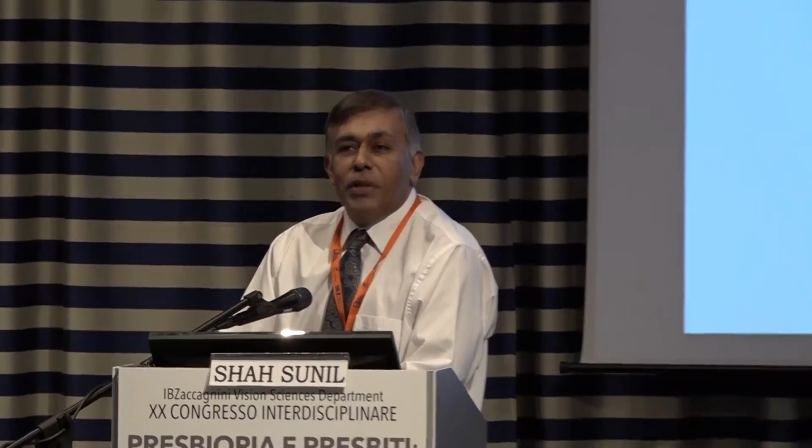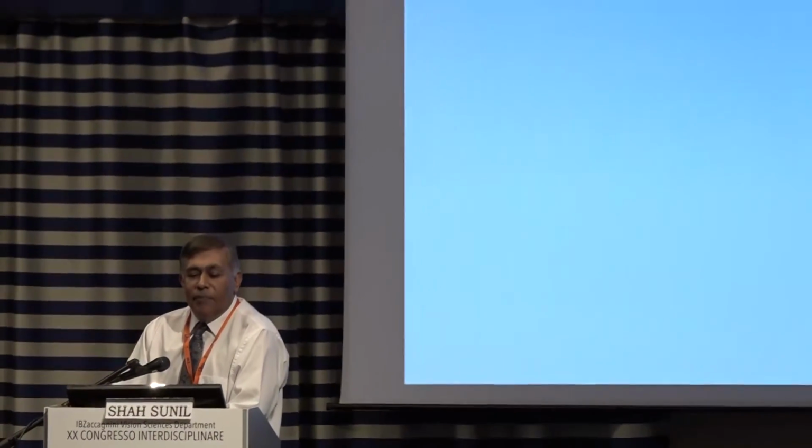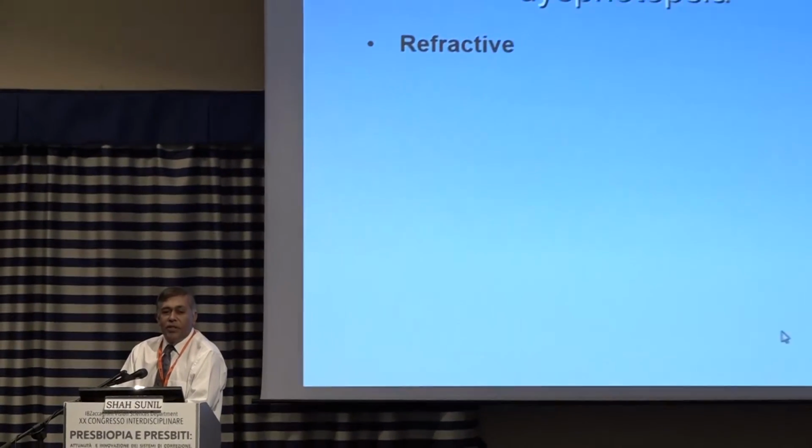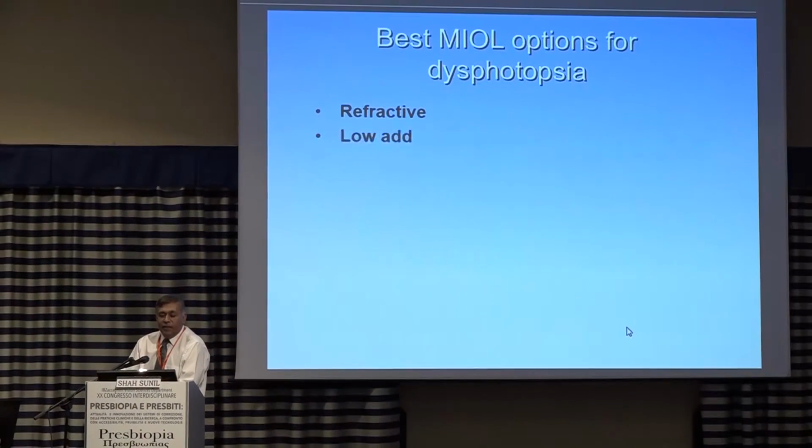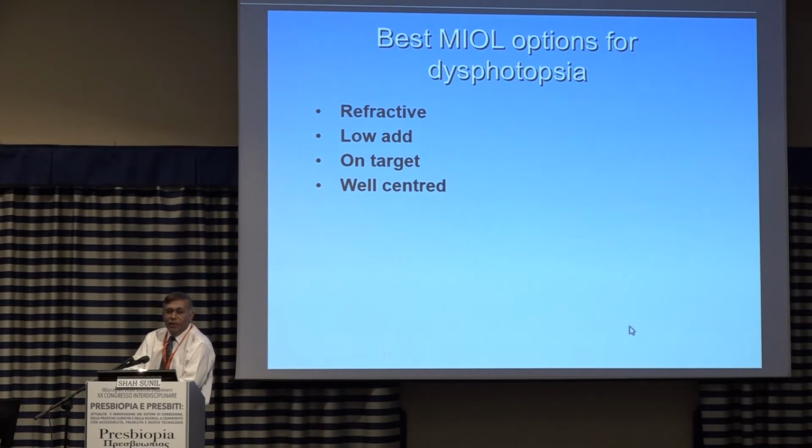So if you're putting in a multifocal lens, the best lens for dysphotopsia is refractive with a low add. You need to be spot on target. It has to be well centered. A lens which is decentered causes problems, and you have to treat the astigmatism.